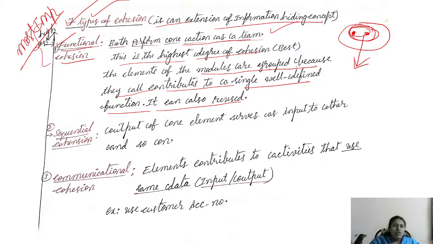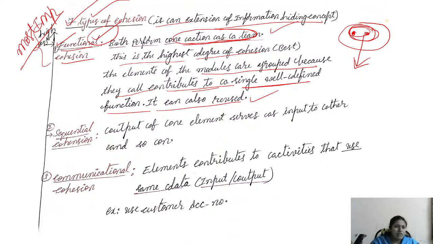These two are focusing on a single, well-defined function. That's why this is the highest, best cohesion. Which is the best cohesion? Functional cohesion. Why? Because they contribute to a single well-defined function, performing one action as a team. That's why functional cohesion is the best cohesion.